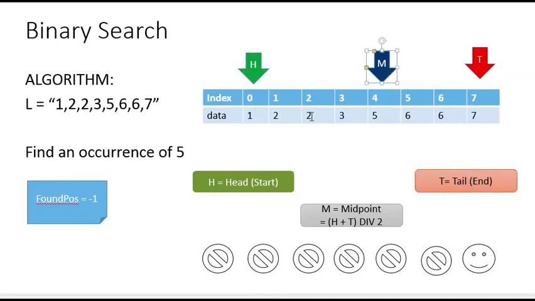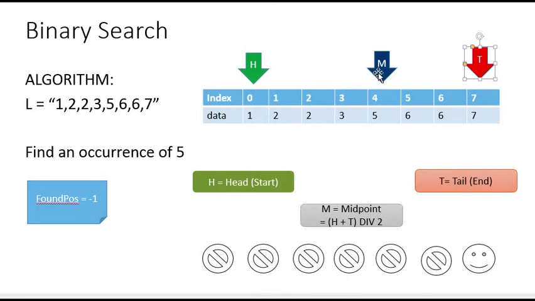M is the midpoint. So what we do in every single case is we say, right, I'm going to examine the element in the middle. So I start with my head at 0, and the tail at element number 7, the last value in the list, because I still have to search the whole list at this point.